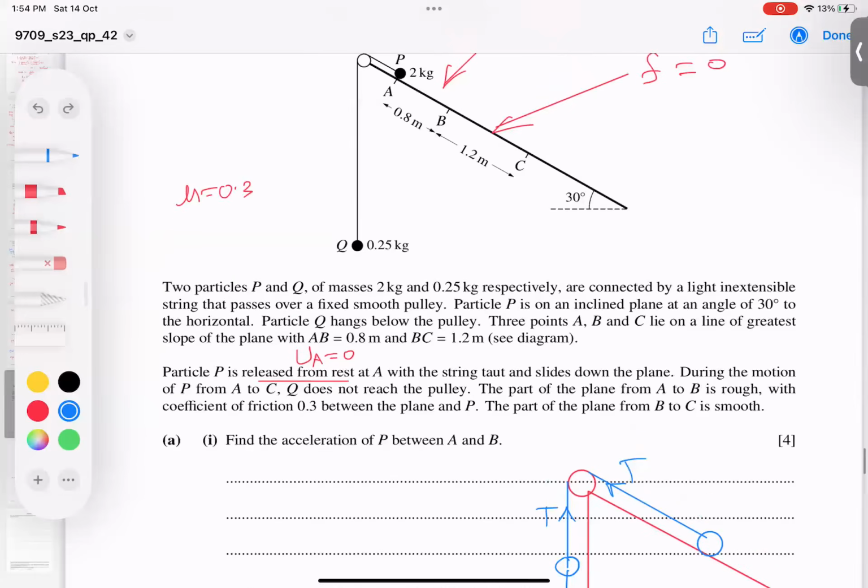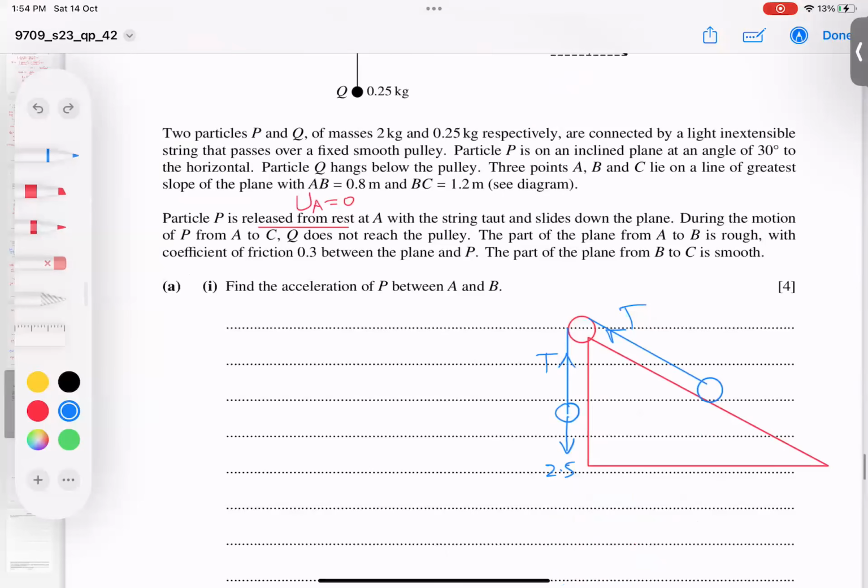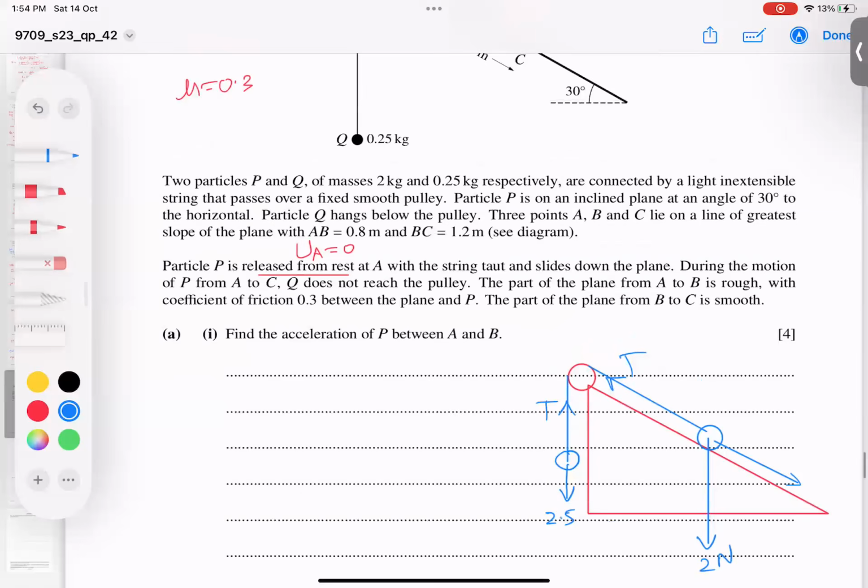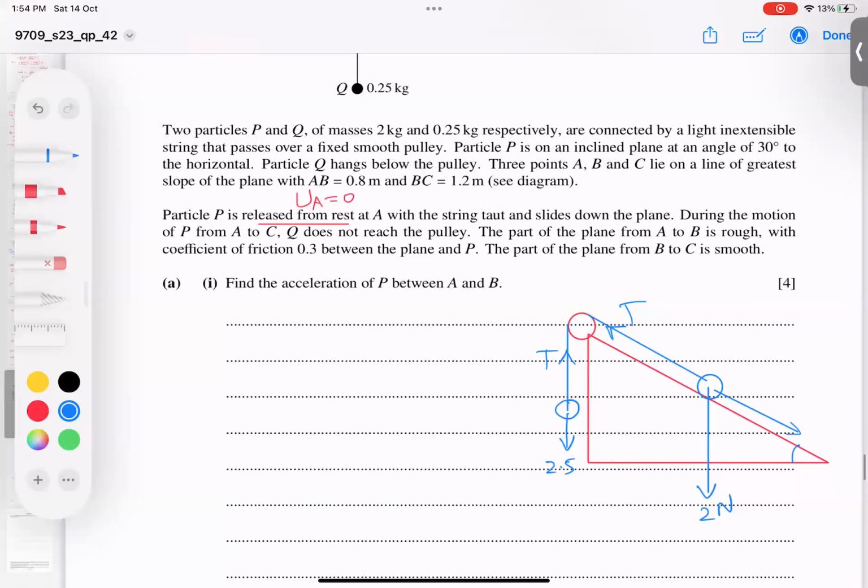The mass of the other particle is 2, so this becomes 2 newtons downwards. The angle given here is 30 degrees, so this becomes 2 sine 30. As we know, this system is falling this way and this is going upwards, so friction will be backward. Okay, very clear now.